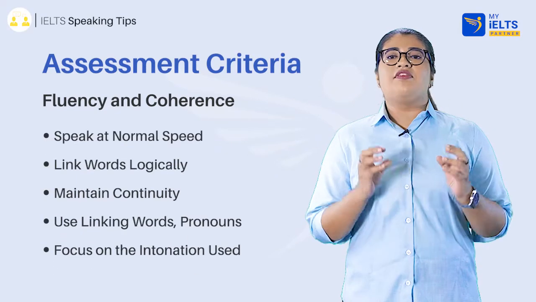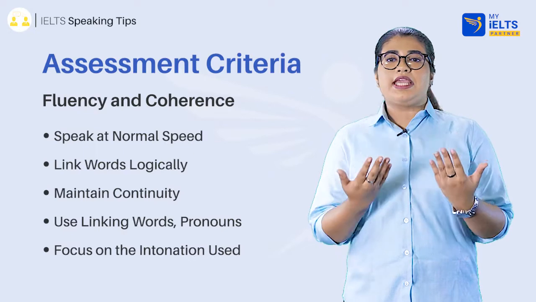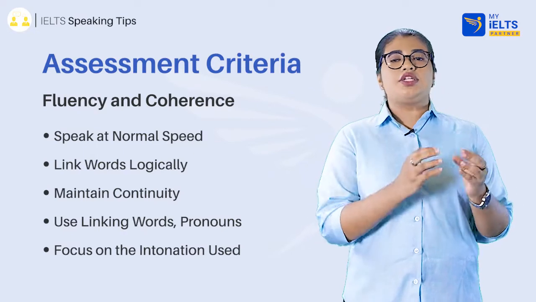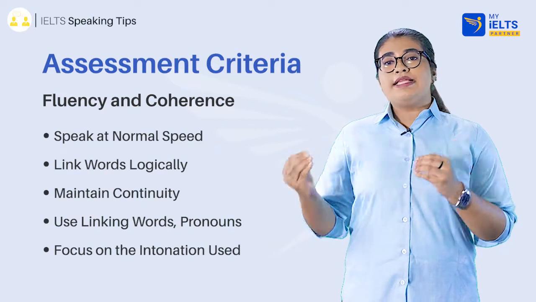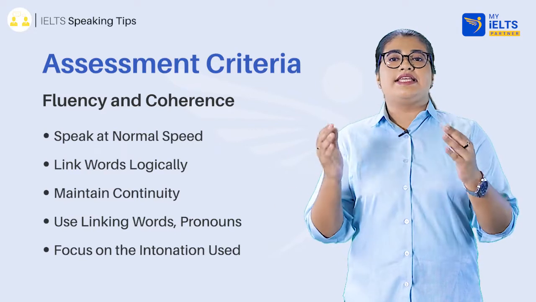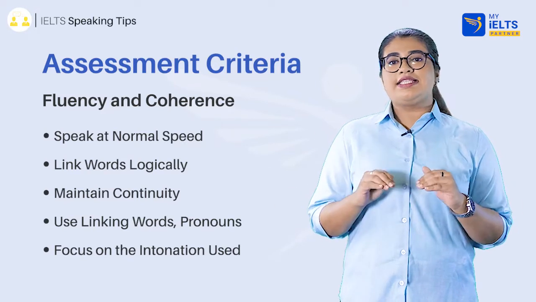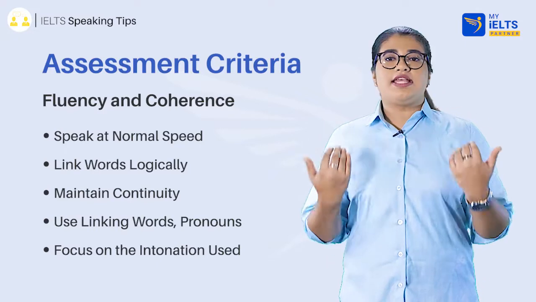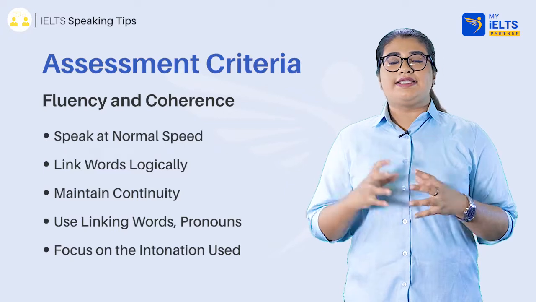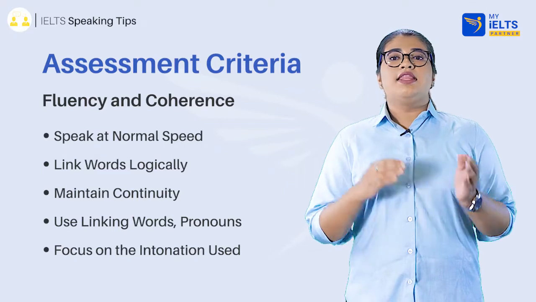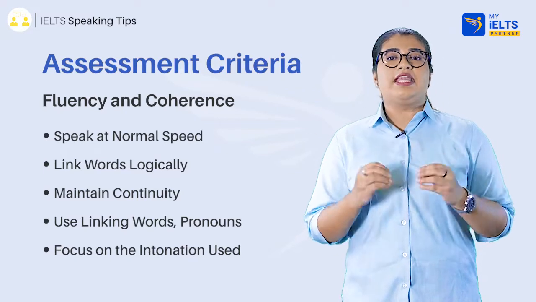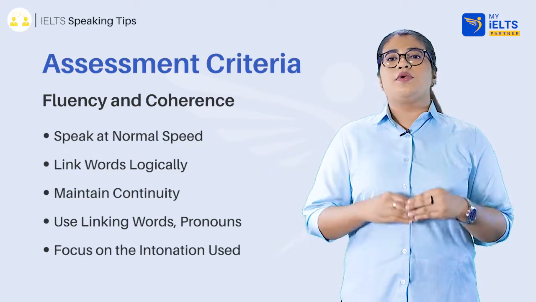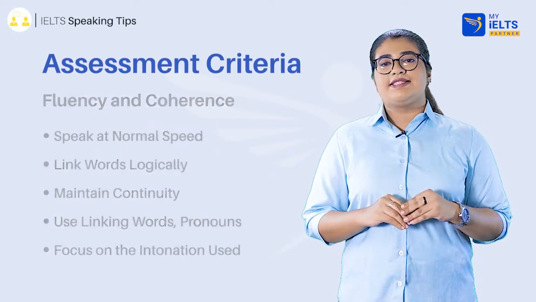The ability of the test taker to speak at a normal speed with natural continuity and logical linking of words to maintain continuity is assessed here. The test taker is encouraged to speak naturally without hesitation while attending the test. Also, the test taker's use of linking words, pronouns, and intonation are also put under scrutiny in this test.